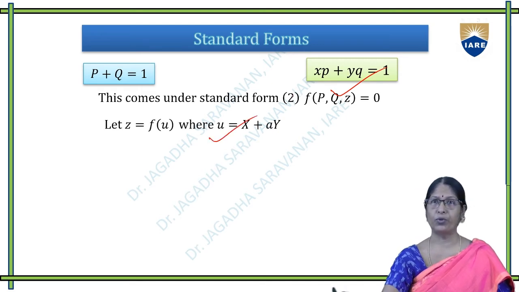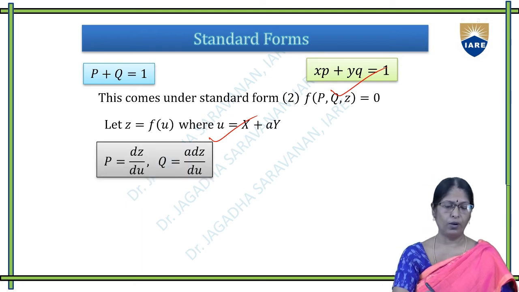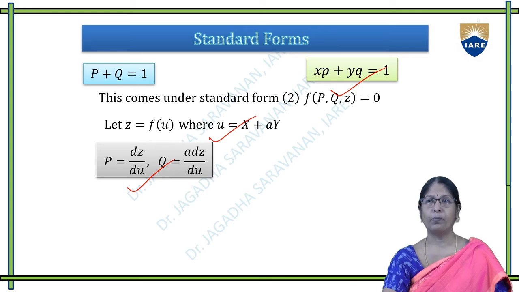According to standard form 2, z equal to f of u, where u equal to capital X plus ay. Here we have to assume capital P equal to dz by du, capital Q equal to a into dz by du. So capital P plus Q equal to 1.